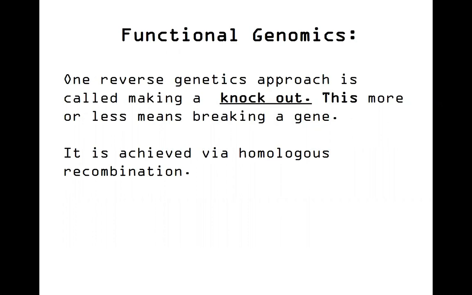That's the same homologous recombination that you may remember from meiosis 1, homologous chromosomes coming together. This is a similar idea, but this time we're going to be capitalizing on the cell's willingness to do this to get it to accept some of the modifications we're going to add to it.